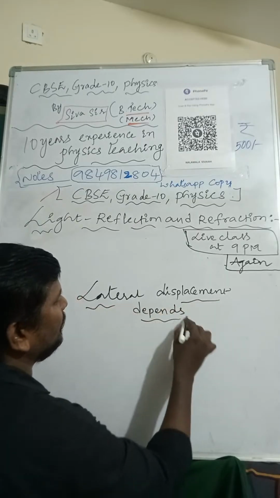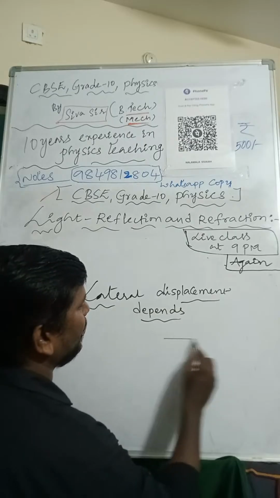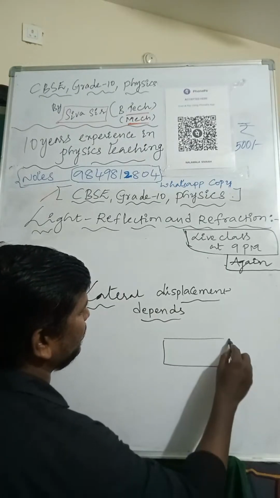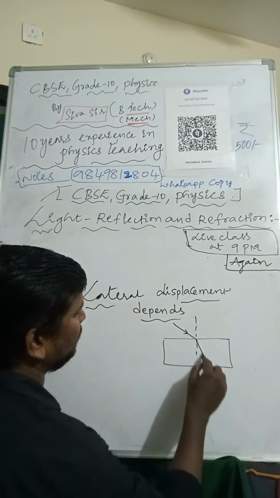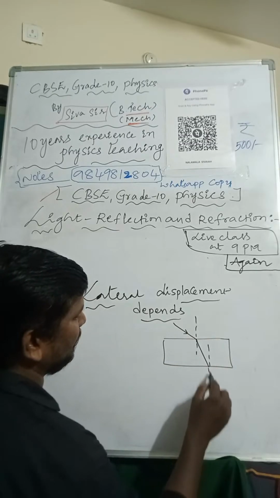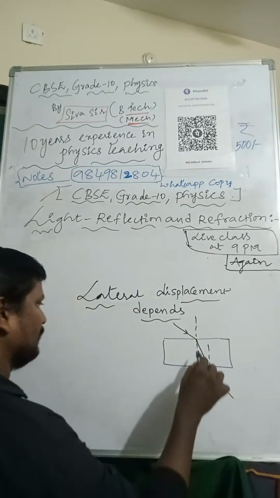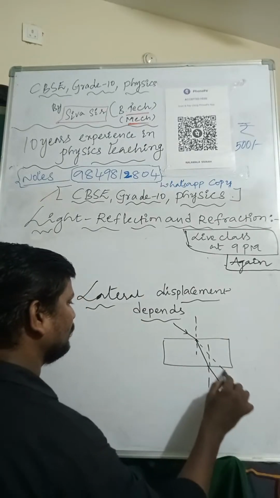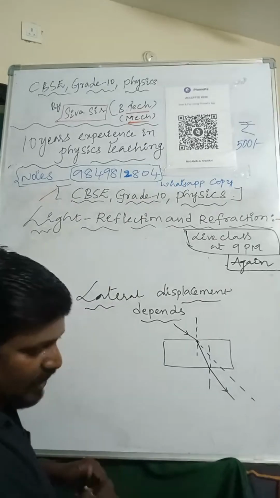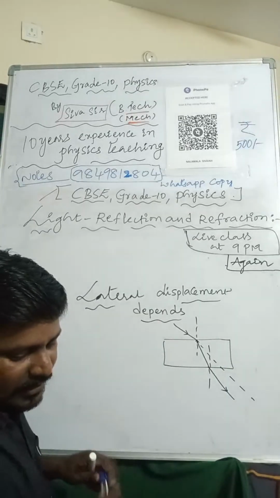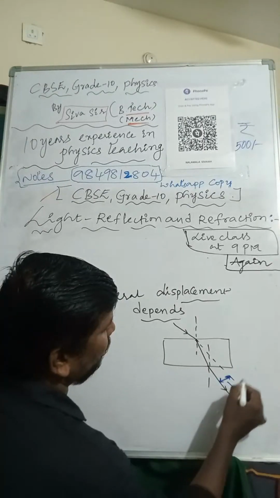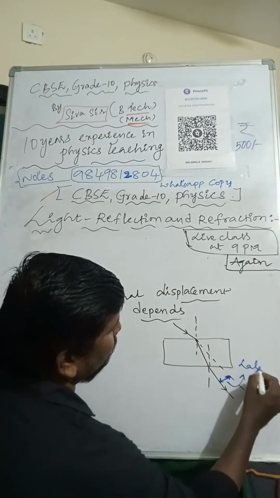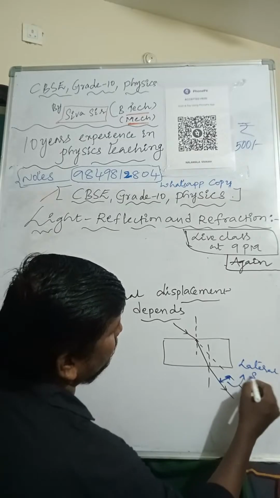What is the lateral displacement I am taking here? This is the surface, and I am taking a glass slab here. This is the incident ray and this is the emergent ray. This distance is called lateral shift.